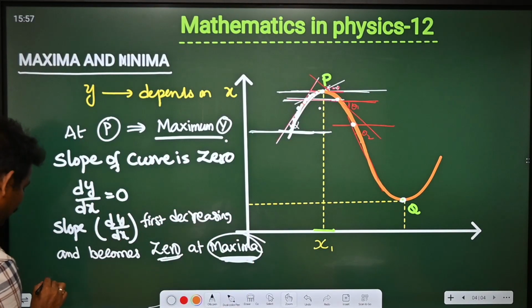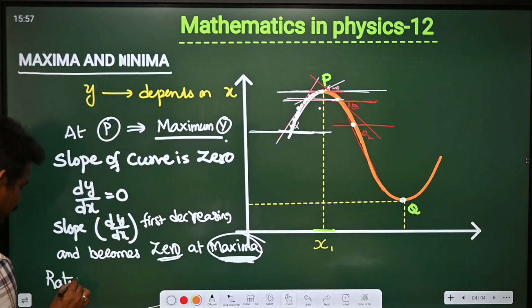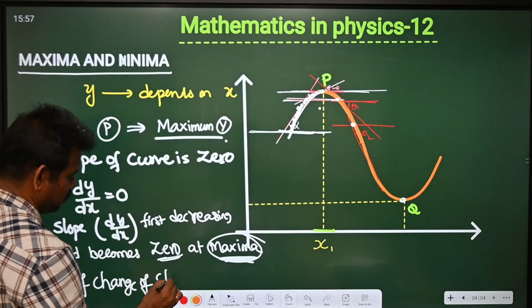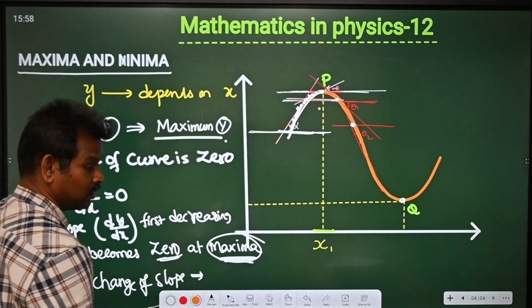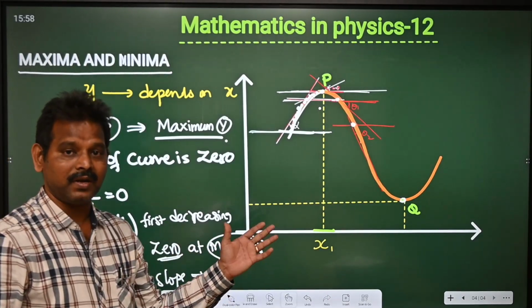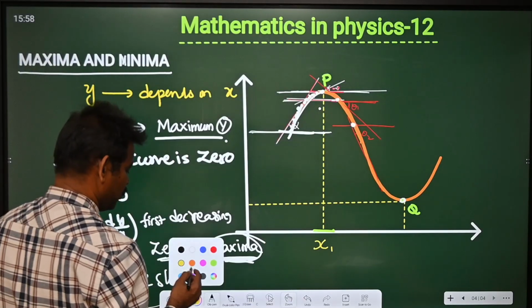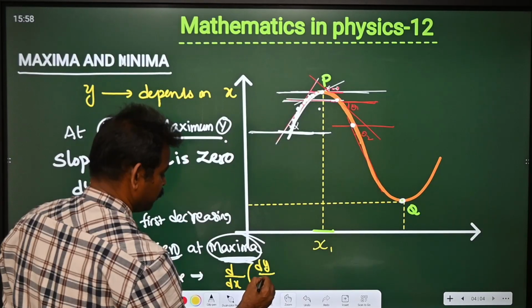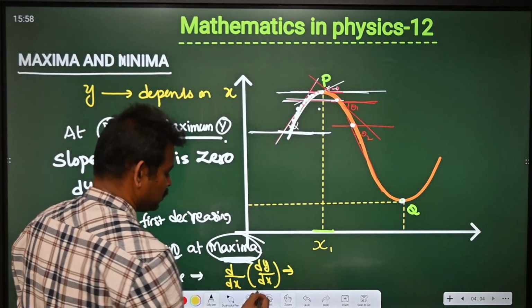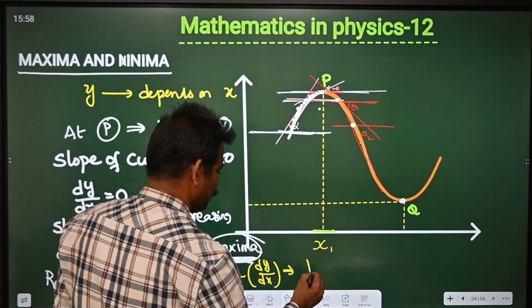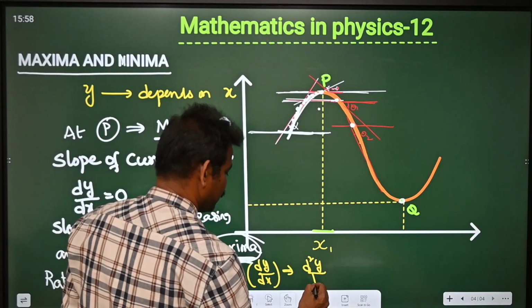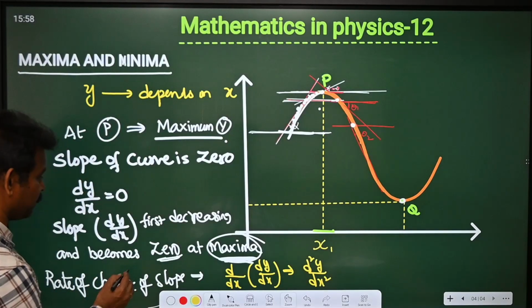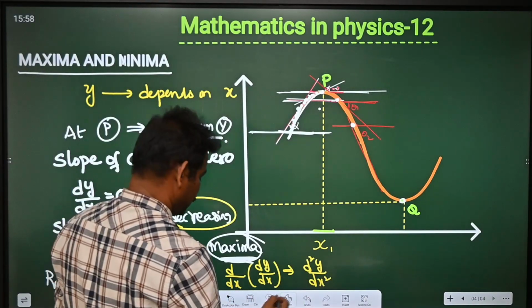So rate of change of slope, that is nothing but the rate at which dy by dx is changing. So we are going to write d by dx of slope, that is dy by dx. This is nothing but the double derivative of y, which we can write d square y by dx square. The slope is decreasing. So as it is decreasing, this is negative.